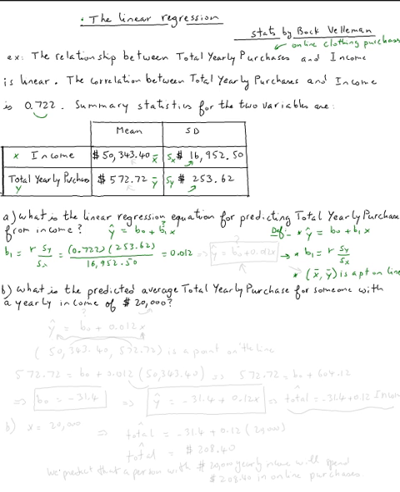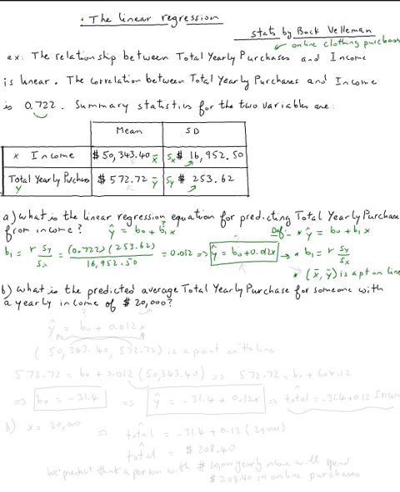Now how do we find b0? Let's plug it in. So y is equal to b0 plus 0.012x. We're not done.